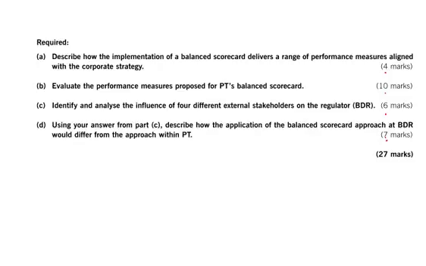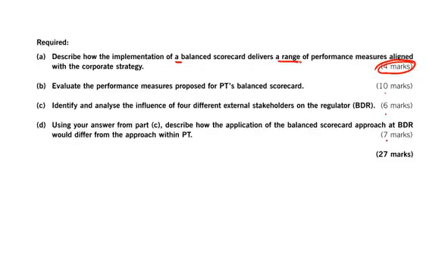And we see part A, describe how the implementation of a balanced scorecard delivers a range of performance measures aligned with the corporate strategy. Interesting. It's only 4 marks, and we always have to think whether or not a question is asking us to be very specific with regard to a scenario, or whether it's a more generic sort of question. Here it says implementation of a balanced scorecard delivers a range of performance measures.